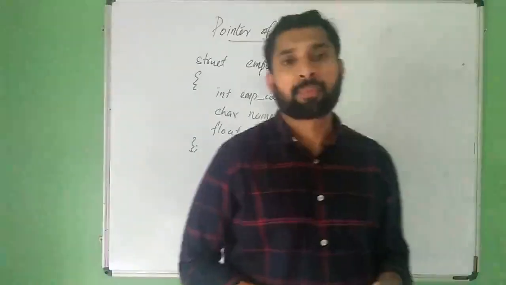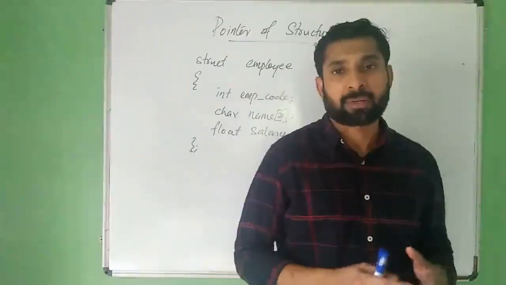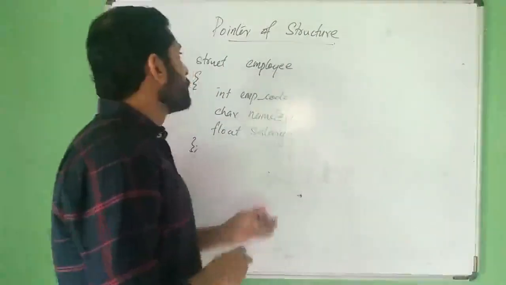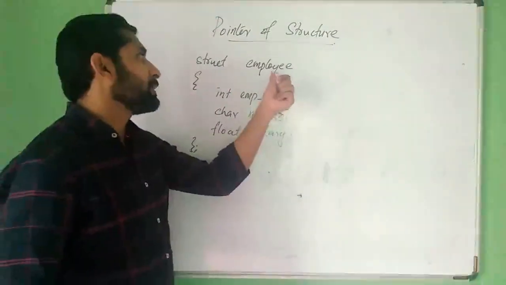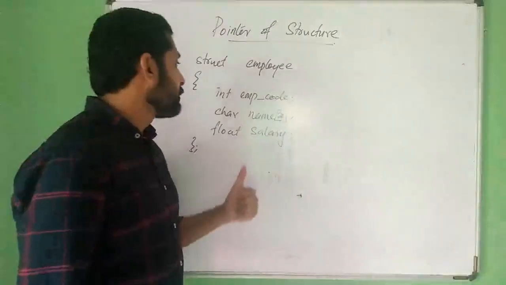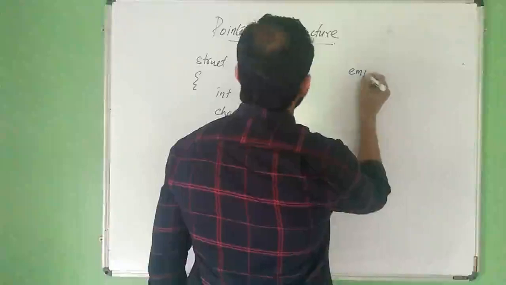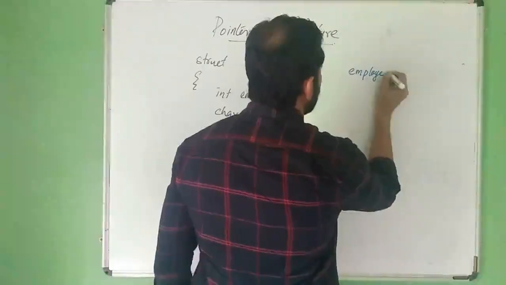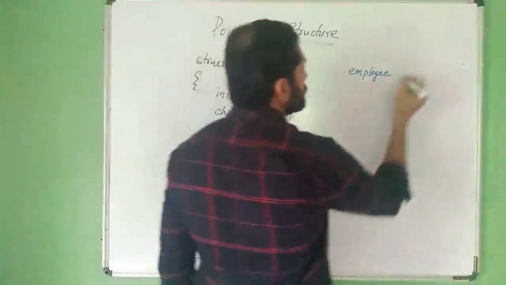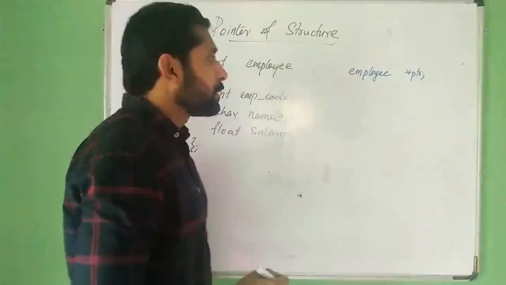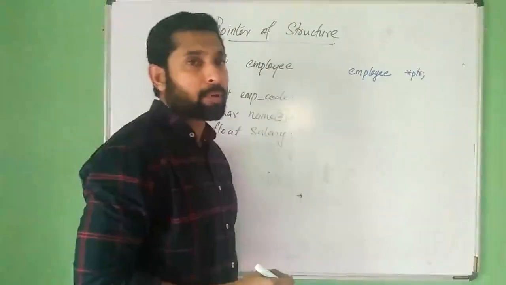Now we shall see how memory for a structure can be dynamically allocated. We have structure EMP, employee, here, and now we are creating a pointer, employee star PTR. So PTR is a pointer of type employee.